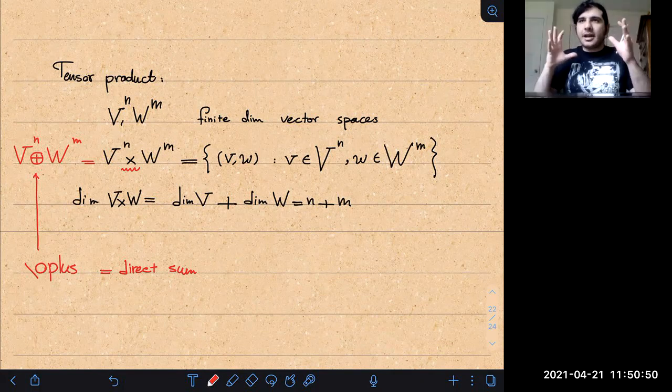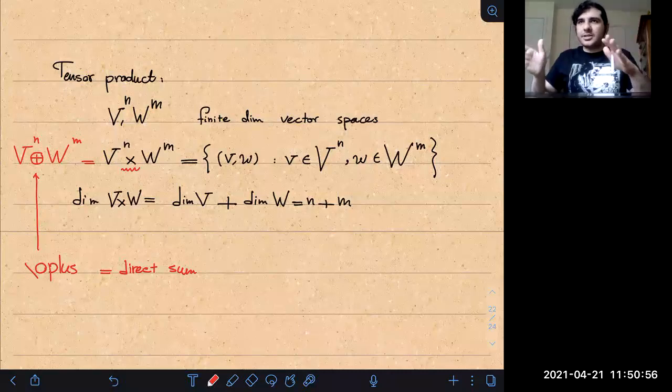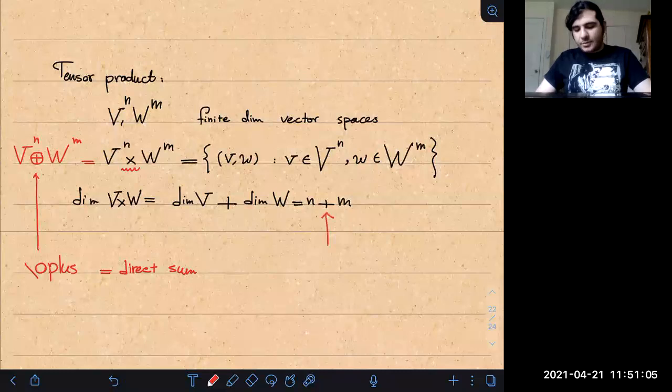So it's analogous to addition of two numbers, but for vector spaces, right? Because here also we have the sum of dimensions. So that's why I might prefer to use direct sum.